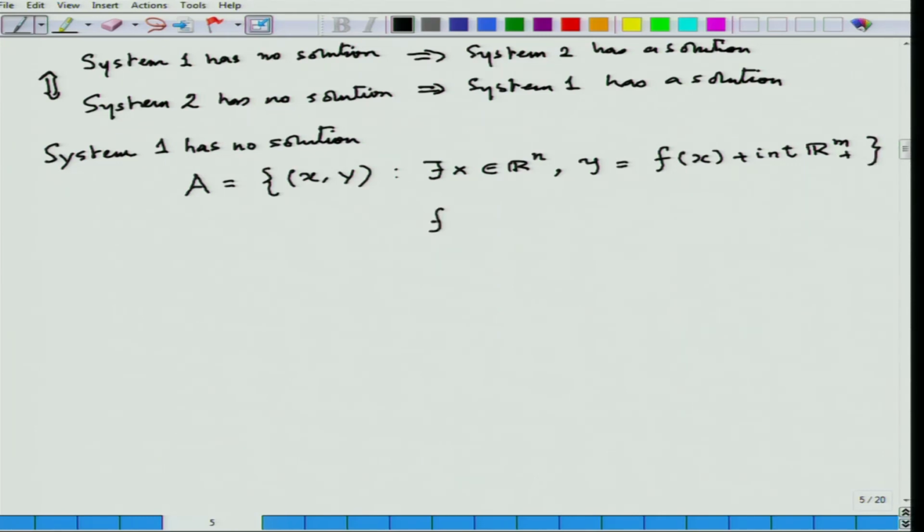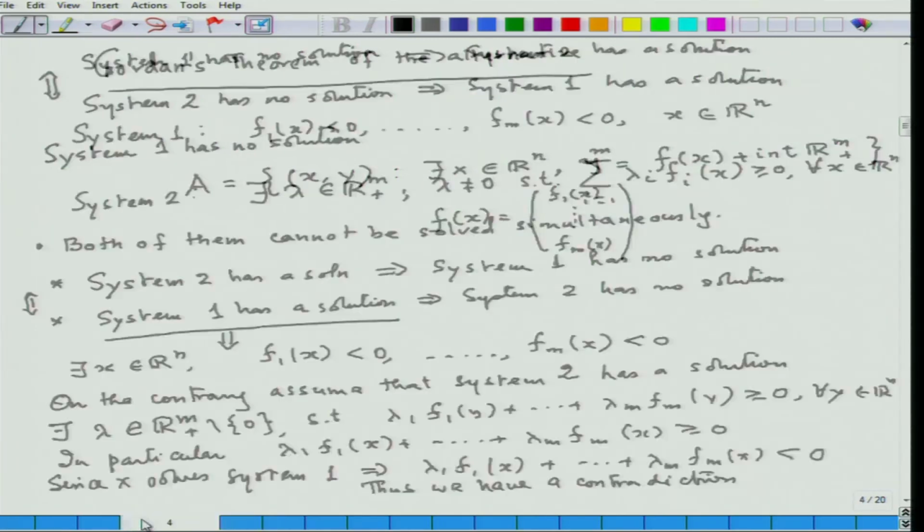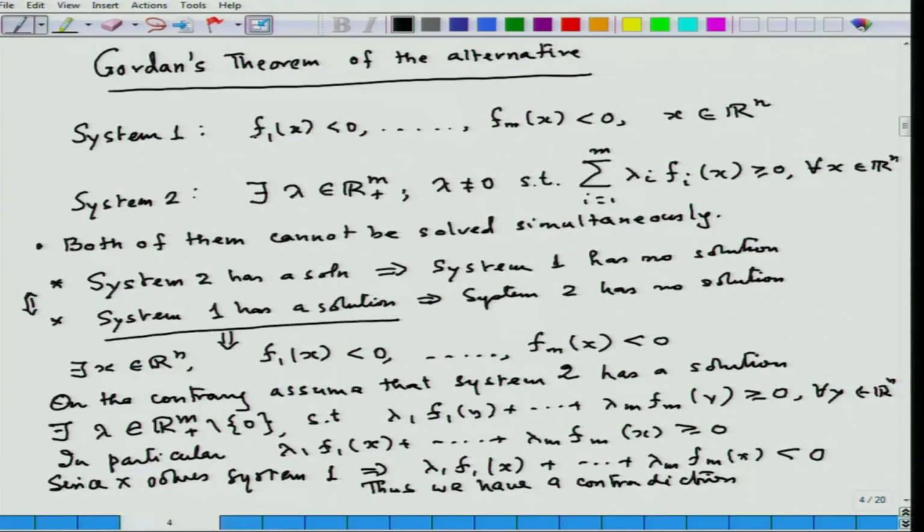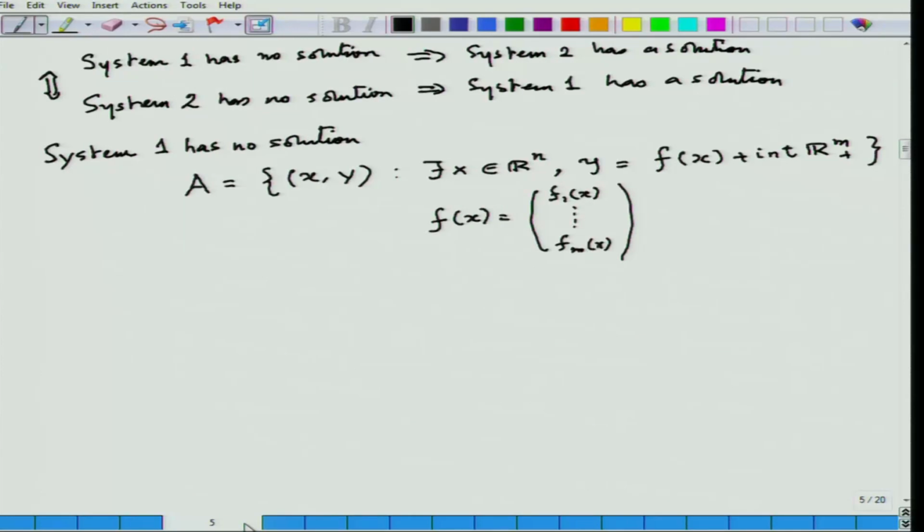Here f of x is a vector consisting of the real numbers f1x, f2x, ..., fmx, because these functions are all convex functions from Rn to R, which is so obvious that I am not repeating this fact. I have written everything in the form of a vector. So, I am taking an x and computing this, and adding to it an element from the interior of Rm plus, that is, another vector whose all components are positive.